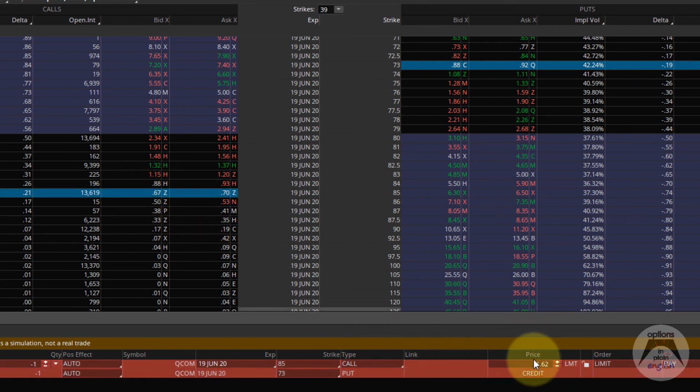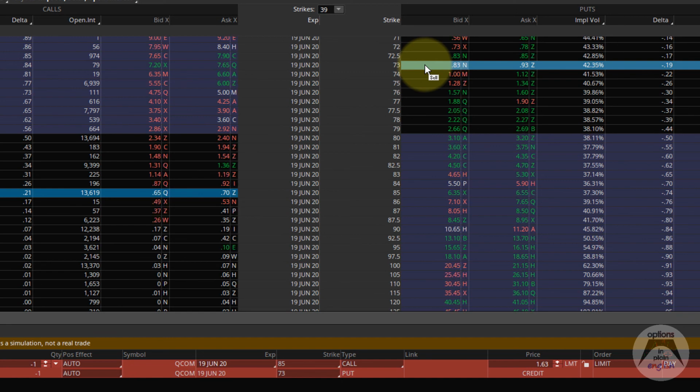As you can see, once you know the value of the at the money straddle, it's very easy, and you can use it as a benchmark to know the value of the 20 delta strangle. Now the 20 delta strangle, if you don't consider the credit received, is going to have a 60% probability of profit.